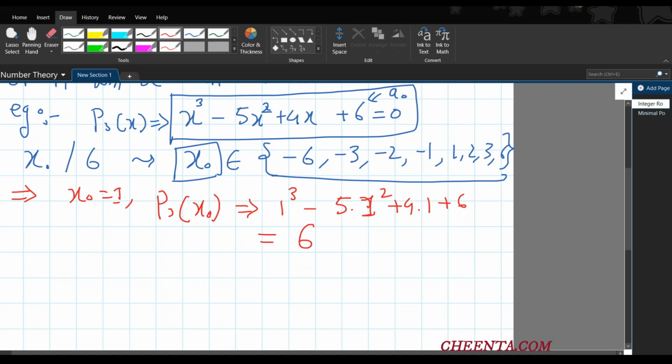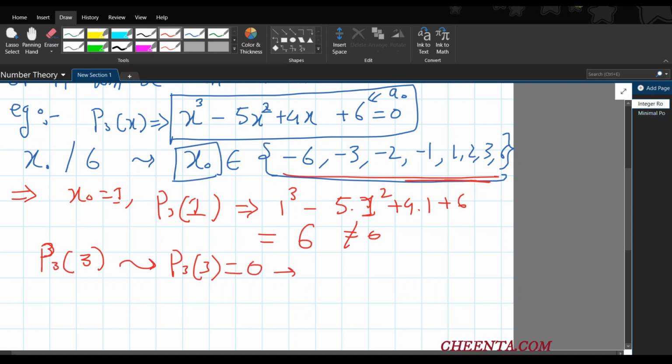So it gives me 6, which is not equal to 0. That means x_0 equals 1 is not a solution of this equation. You do this for all of the elements of the set of factors, and by doing this you will find that for the value 3 we get p(3) equals 0. That means 3 is a solution. You find the solution using this method.